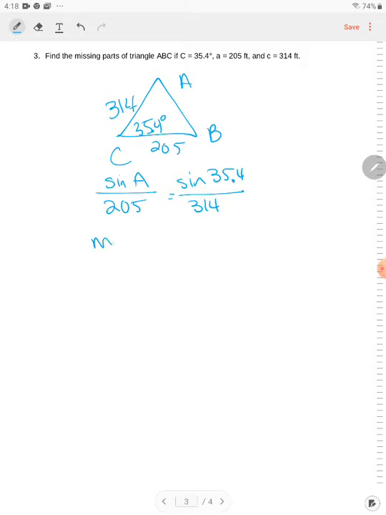So the measure of angle A is equal to 22.1 degrees. Now, once again, we're assuming that there could be two triangles. You saw in the first example that we couldn't even get one triangle with the given information.